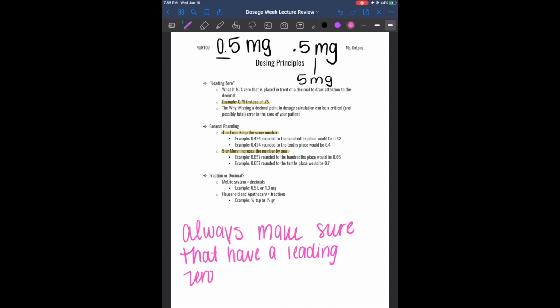So make sure that from this point on you're writing answers, say you get an answer that's .89, make sure that you're writing it as 0.89. And that's just, again, to get you in the habit of putting that leading zero. Now, if you get a number like 15.89, you don't need a leading zero because you already have your 15 there. So for numbers like that, this doesn't apply. This is just where you have a decimal that's hanging out and nothing's in front of it.